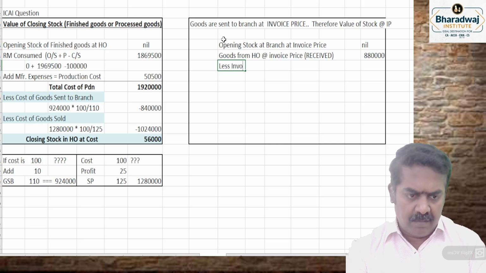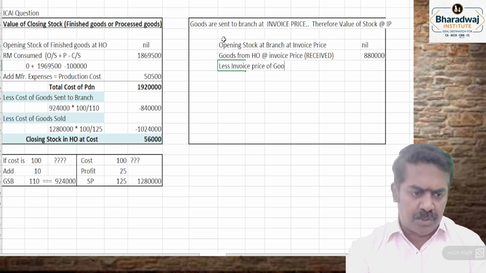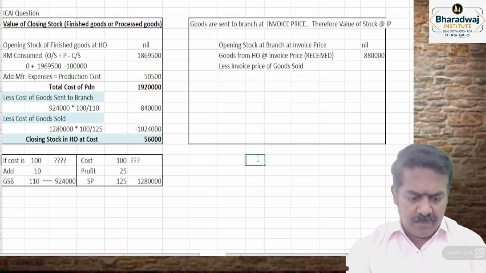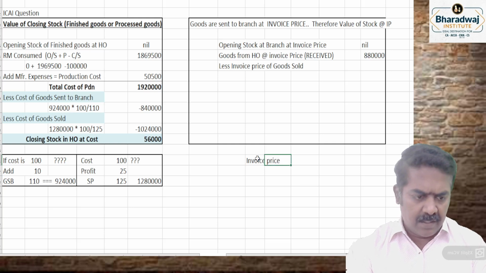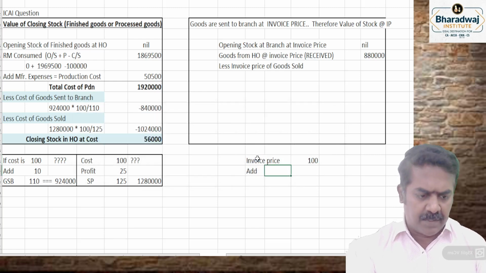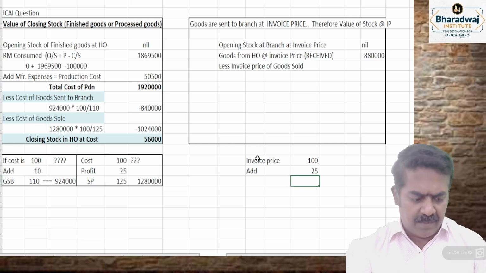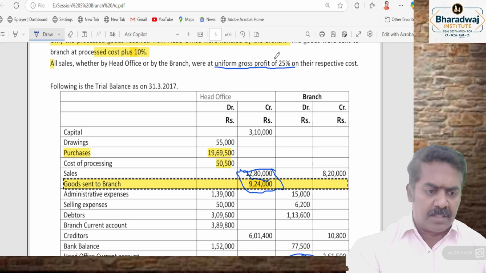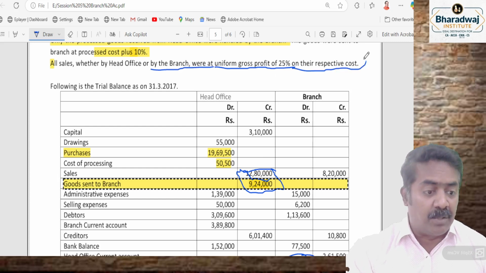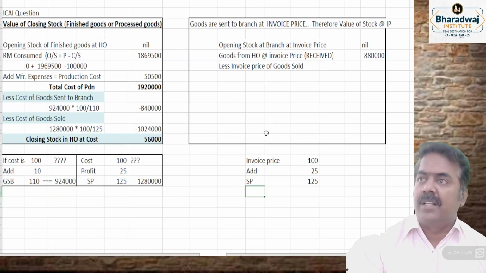Less invoice price of goods sold. Simple. If invoice price is 100, we add profit margin of 25% and fix the selling price. It's not cost plus. Look at this. Head office or branch, uniform gross profit on their respective cost.